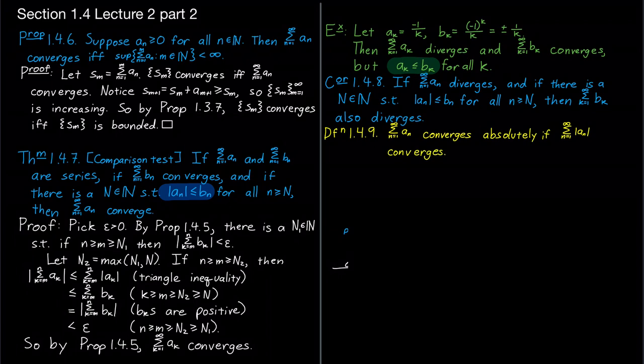And we remember from Proposition 1.4.6 that this is true if and only if the sequence of partial sums of the absolute values is bounded.